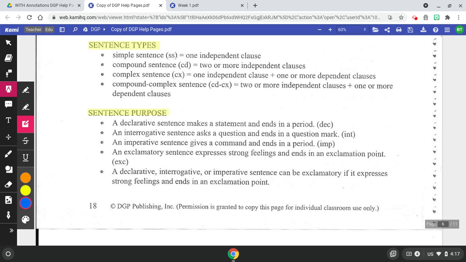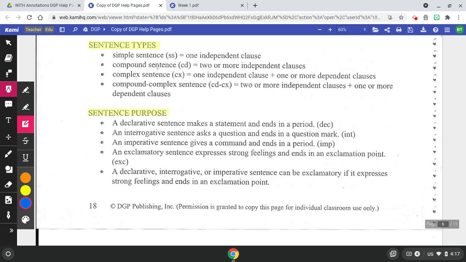So you would label that SS. A compound sentence, that would be 2 or more independent clauses. A complex sentence is one independent clause plus 1 or more dependent clauses. And then compound complex, that's when you have 2 or more independent clauses plus 1 or more dependent clauses. That's why it's called complex, because those sentences get complicated.